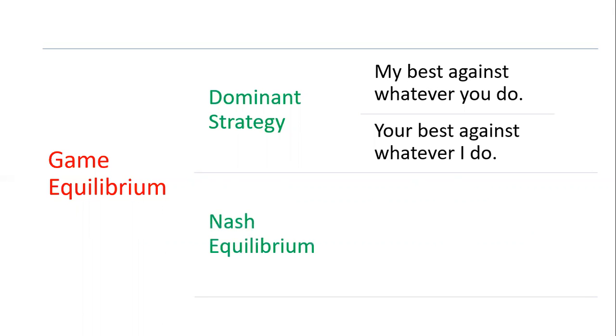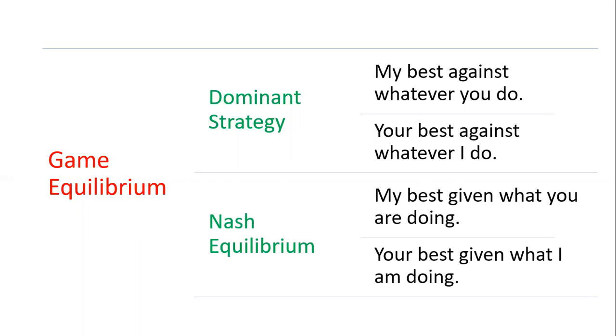However, Nash strategies are my best given what you are doing, and for you it is your best given what I am doing. I hope the difference between the two is clear. However, if it is still not clear, please ask your question in the comment section below this video.